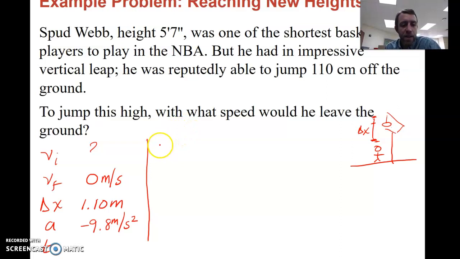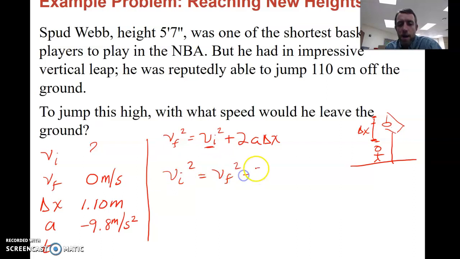So we want to find out VI. And if you're looking at your equations, once you look at them for a couple seconds, you'll realize that this is the equation to use. And we want to solve for VI. So we want to get VI by itself. VI squared equals VF squared minus 2A delta X. And now we can plug some stuff in.